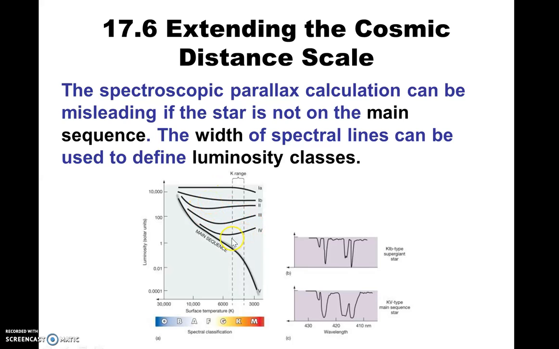Why is that important? Because when it's a main sequence star, in any of these spectral classes, remember these are spectral classes and these Roman numerals are luminosity classes, when you know the spectral class and the luminosity class, you can go over here and estimate what the luminosity is from this main sequence. You can just draw a straight line over to the luminosity.